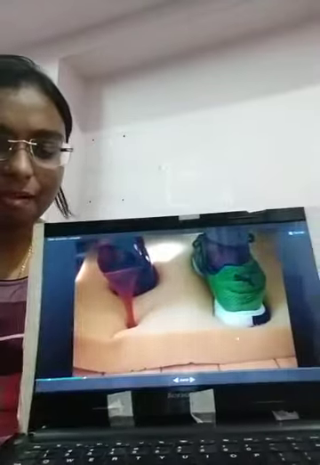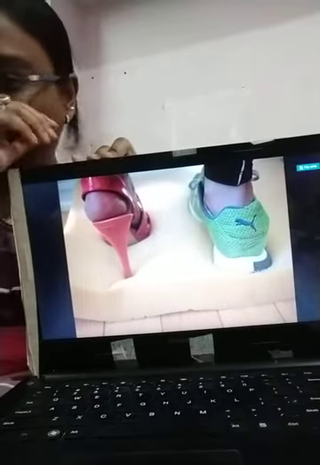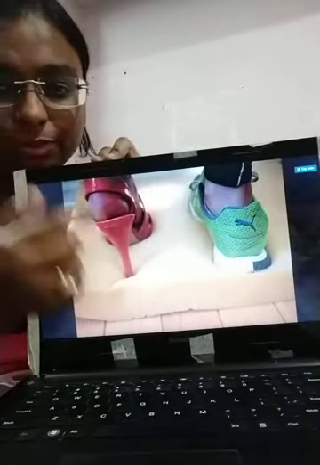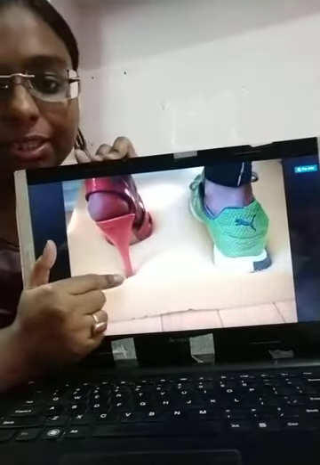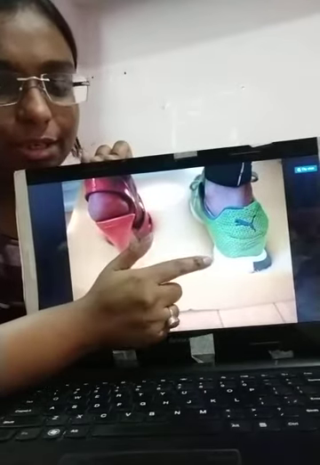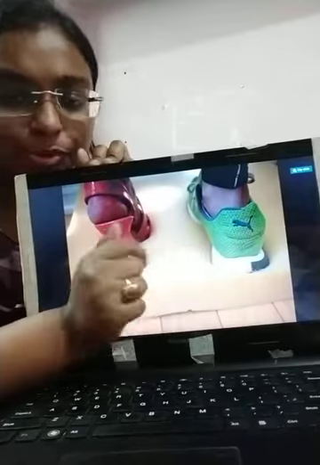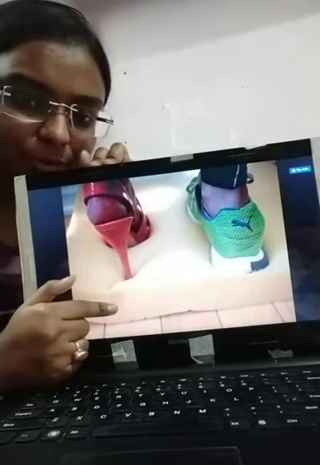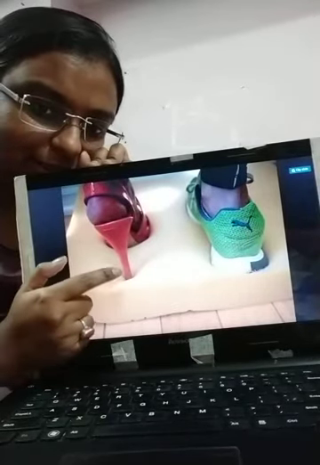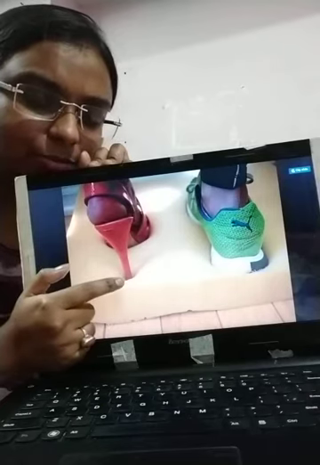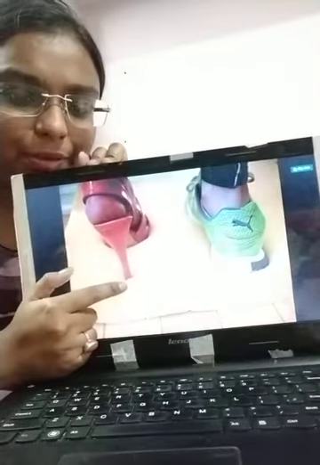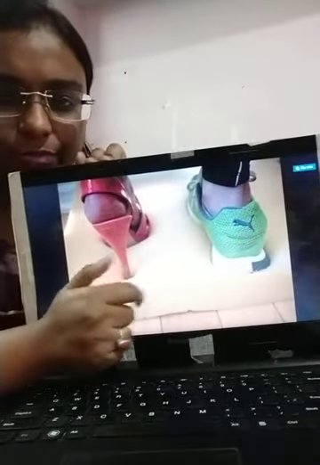So, can you see this? Here we have a picture of a lady wearing a heel and another picture of a person wearing a sports shoe. Now there is a foam here and you can see that this sandal is applying more pressure than this one.